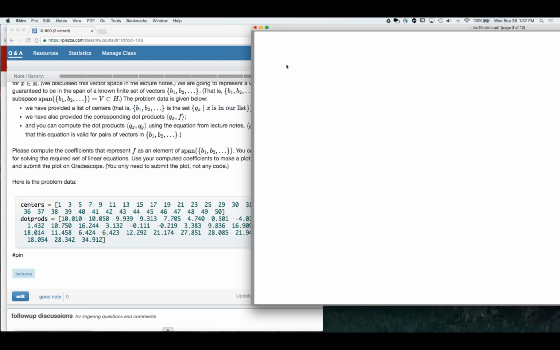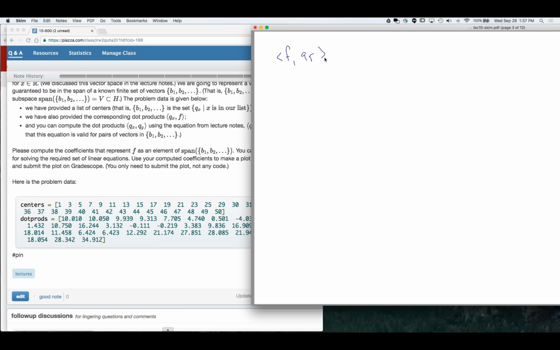In order to figure out how to represent the function f in our basis, meaning in the span of these q sub x where x is a center, we need the dot product of our function f with each one of our basis elements. So we have a dot product between, let's say, f and q sub 5.